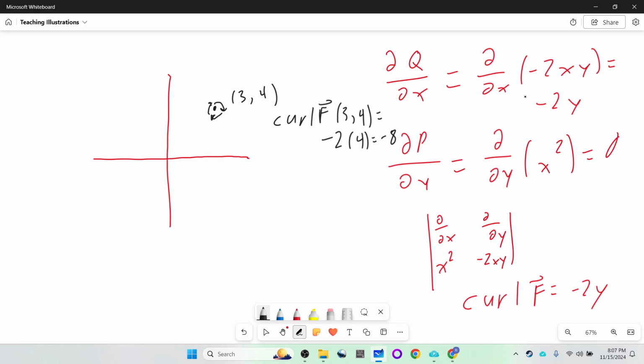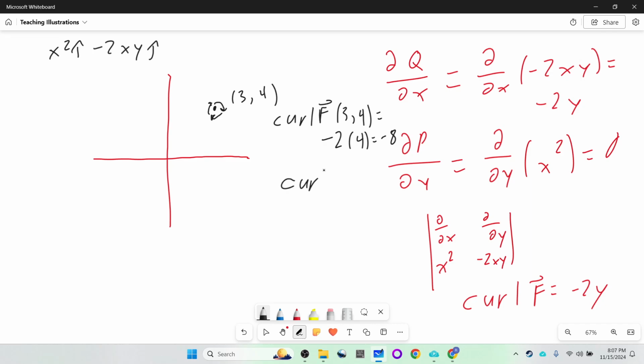This vector field, x squared i minus 2xy j, is describing how the water is moving. If you were to put a paddle wheel right here at (3, 4), the water would be spinning it in a clockwise direction because negative curl means clockwise.